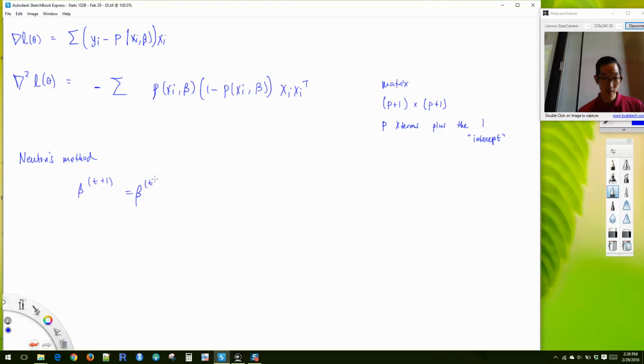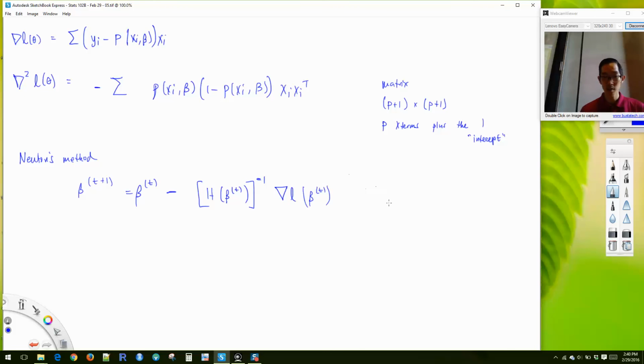Our estimate of beta at time t plus 1 is our estimate of beta at time t minus the inverse of our Hessian at beta t, multiplied by our gradient at beta t as well.